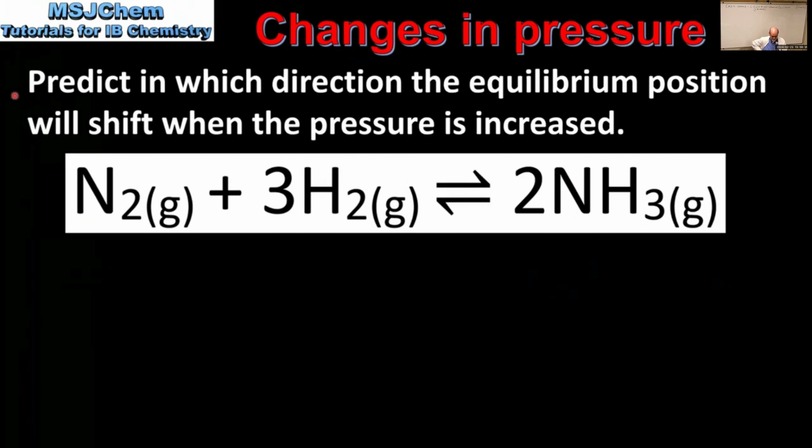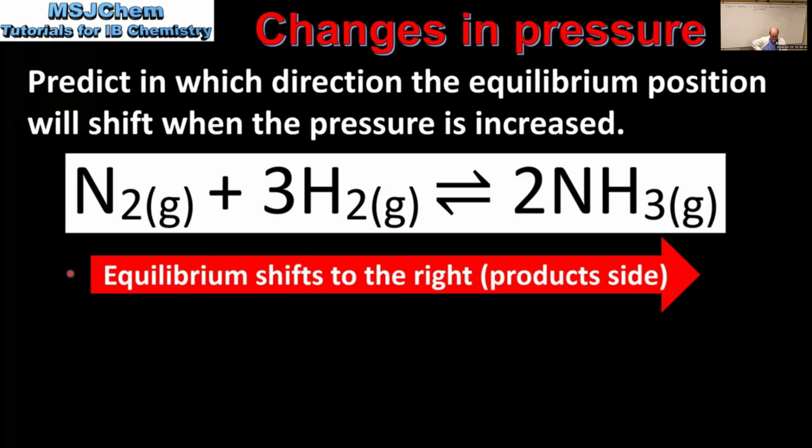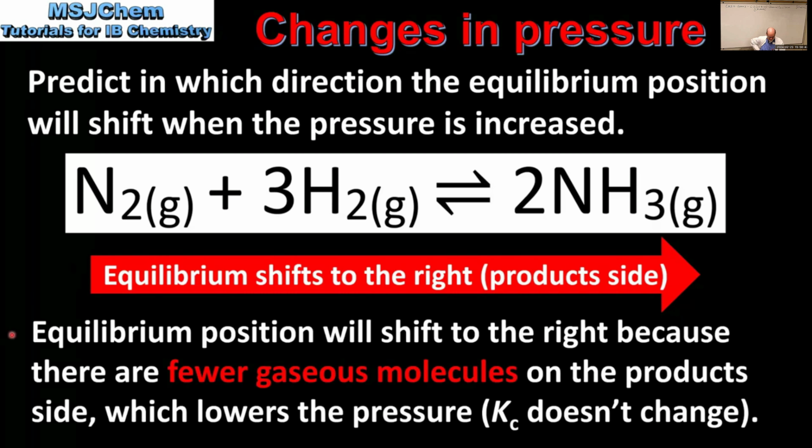So in the next example, we'll predict in which direction the equilibrium position will shift when the pressure is increased. An increase in pressure shifts the equilibrium position to the right, which is the product side. So the equilibrium position will shift to the right because there are fewer gaseous molecules on the product side, which lowers the pressure.